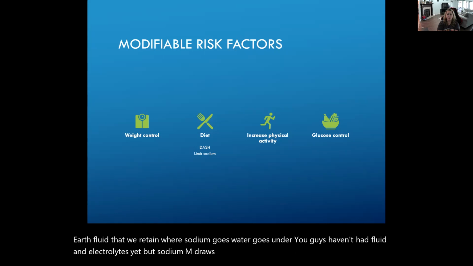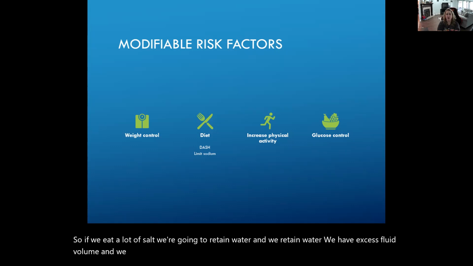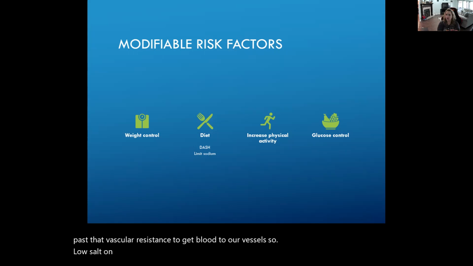So wherever water is, sodium is, and vice versa. If we eat a lot of salt, we're going to retain water. When we retain water, we have excess fluid volume. When we have excess fluid volume, our heart has to pump harder to get past that vascular resistance to get blood to our vessels. So low salt for anybody with a cardiac condition, right?